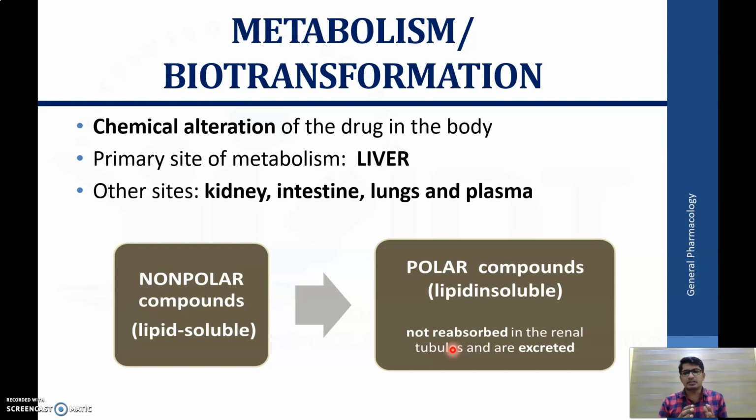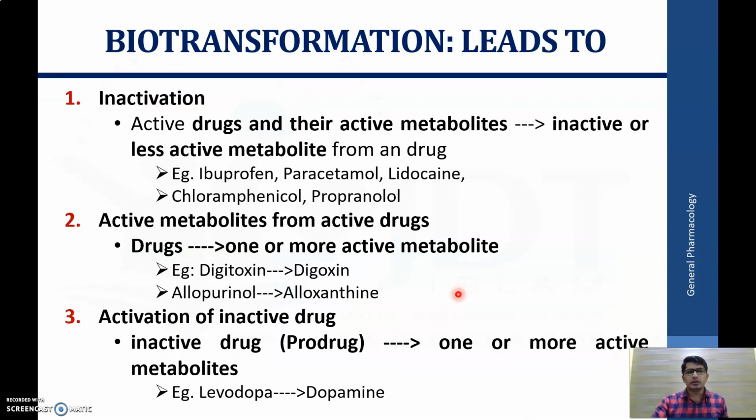After eliciting the pharmacological effect, the drug should be metabolized and excreted through urine. For that, it has to be converted from lipid soluble non-polar drug to lipid insoluble polar compounds. Now let's see what will happen if biotransformation or metabolism occurs.